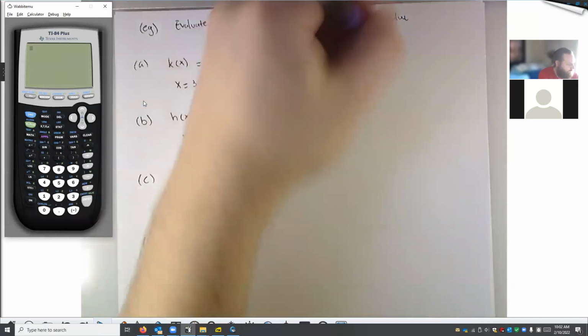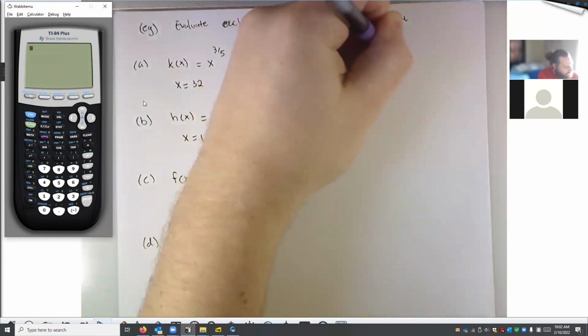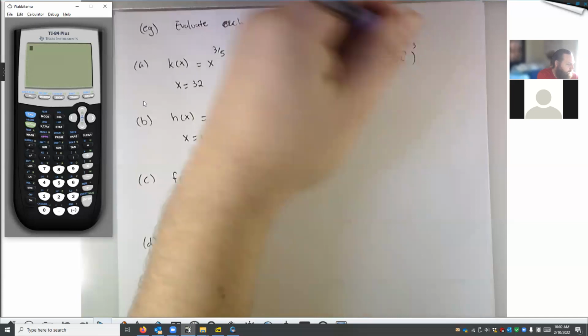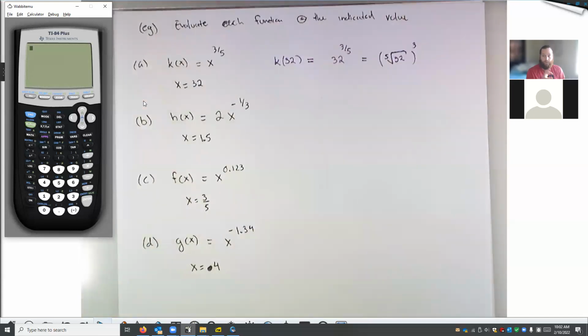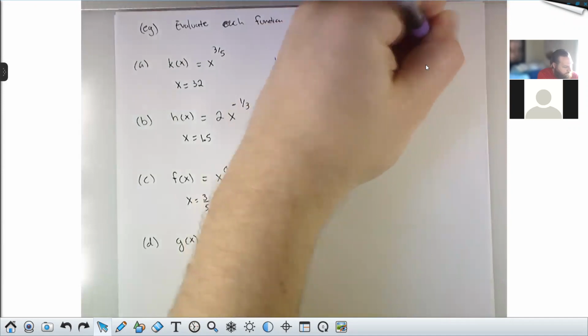First, let me describe to you what I just said here. Remember from our rules for exponents, this is the same as the 5th root of 32, all raised to the 3rd power. So you can break this down into pieces if you want to. The 5th root of 32 is actually a nice number. It's 2. 32 is 2 to the 5.